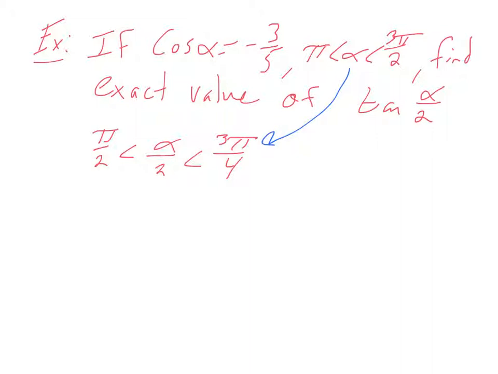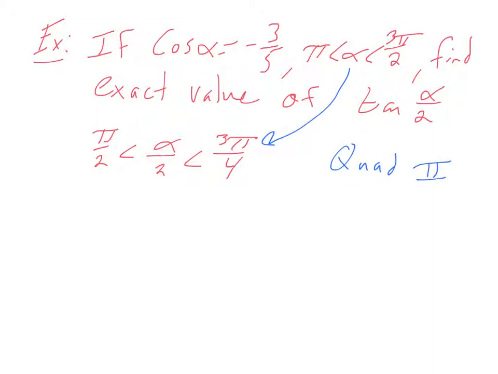If we divide the whole thing by 2, we get that. So alpha over 2 is going to be in what quadrant then? Yeah, that's in the second quadrant.